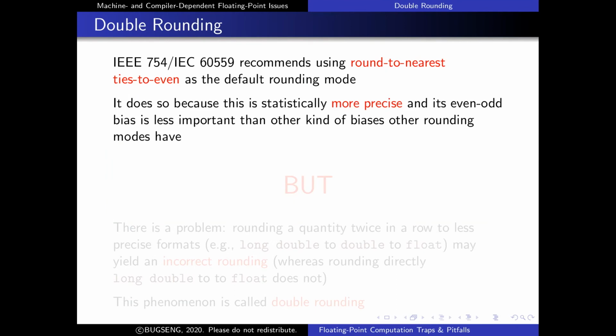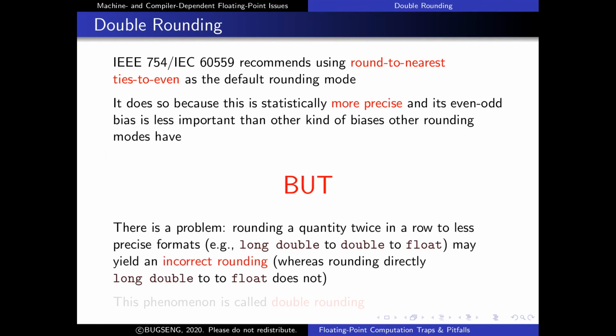It is biased, as it favors numbers with an even mantissa, but this bias is much less important than the biases of other rounding modes, for example bias towards plus infinity, or away from zero.